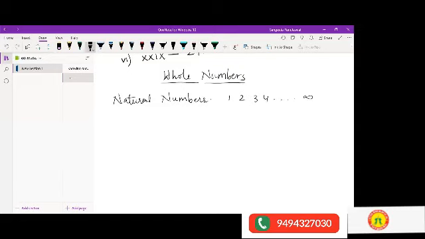If we add 0 to this list, we call this set of numbers whole numbers. Now whole numbers start from 0, 1, 2, 3, and so on. So this chapter is all about whole numbers.